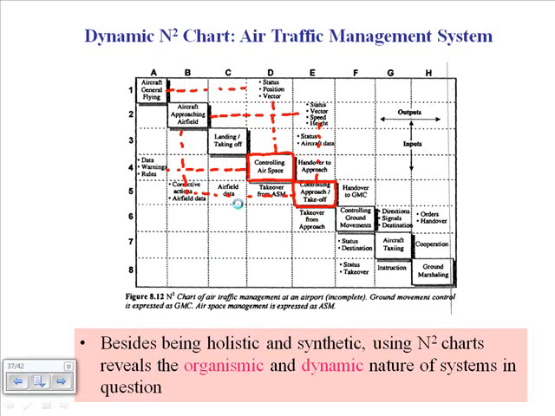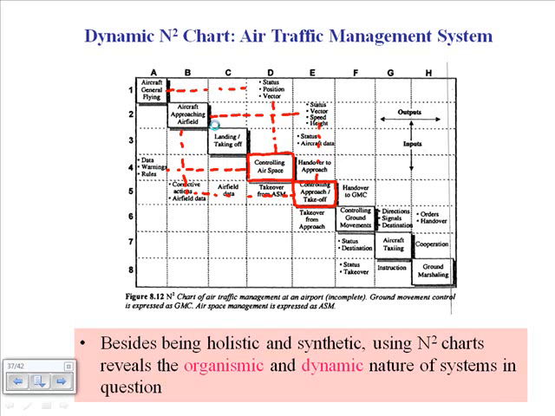And like I mentioned earlier, given more information about these entities and the dynamics, I can take this n-squared chart and create a simulation of this system if I'm going to study it. So one other tool that we use a lot in systems is simulation. Okay? Simulation is a big part of systems engineering.